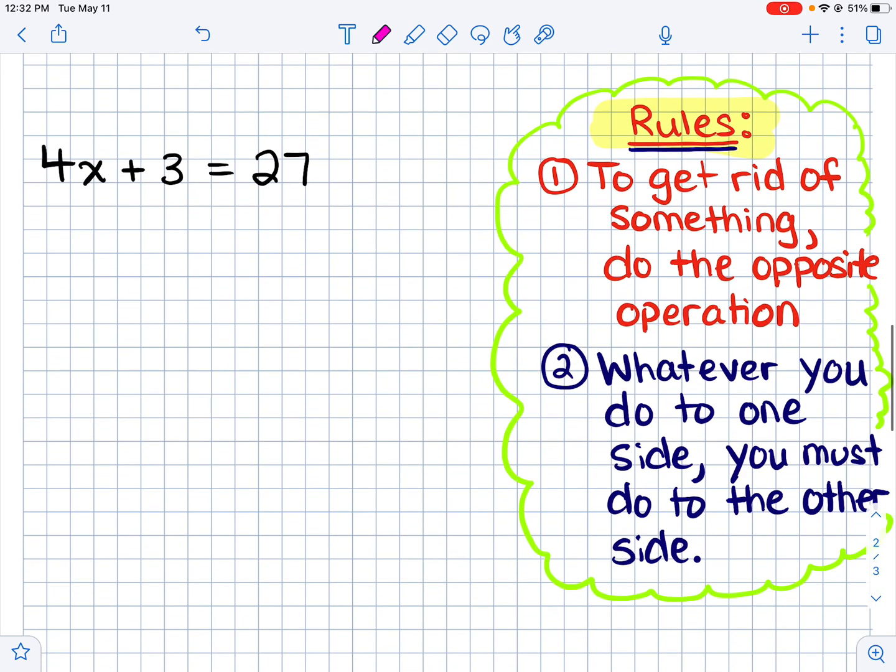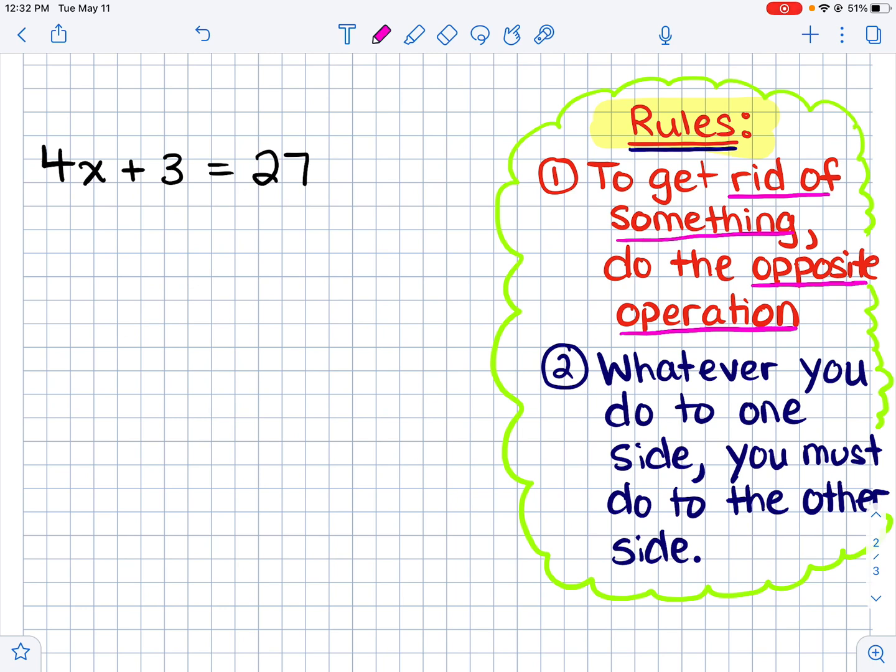And to do that, we're going to follow 2 rules. Rule number 1: if you want to get rid of something in an equation, you are going to do the opposite operation. And rule number 2: whatever you do to one side, you must do to the other side.